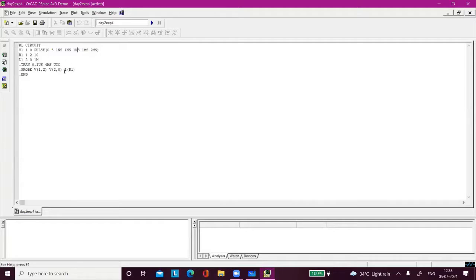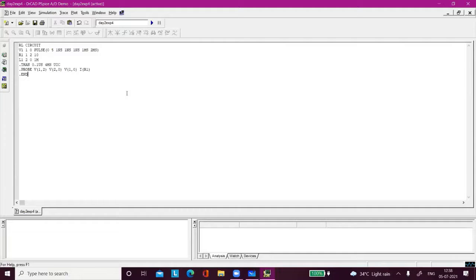Let's plot the source voltage also. The source is connected between 1 and 0. We have V1, resistance, and inductance.